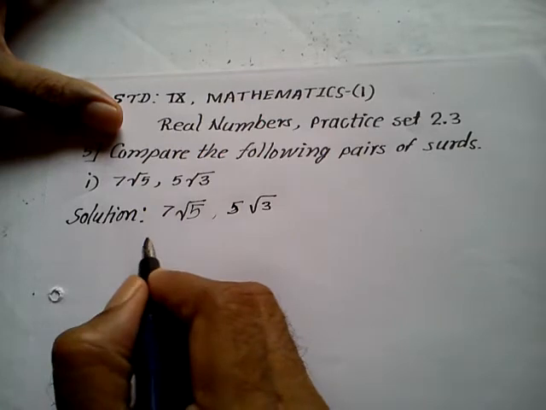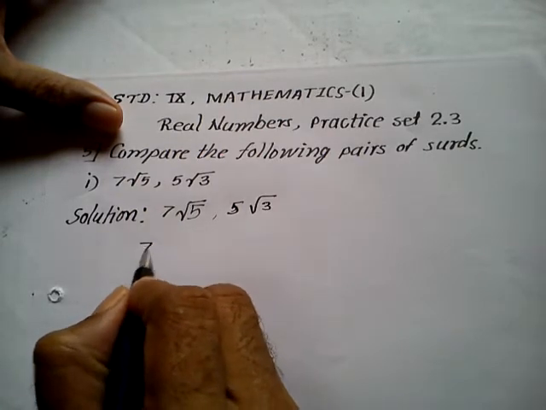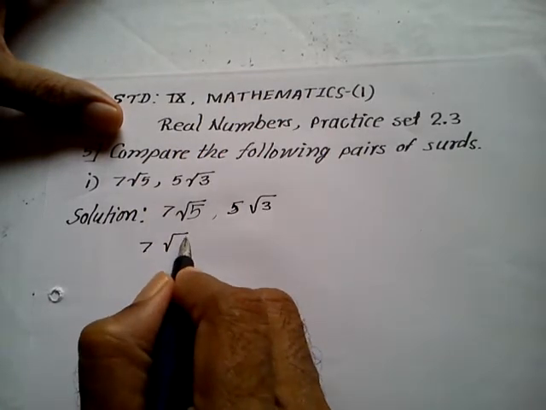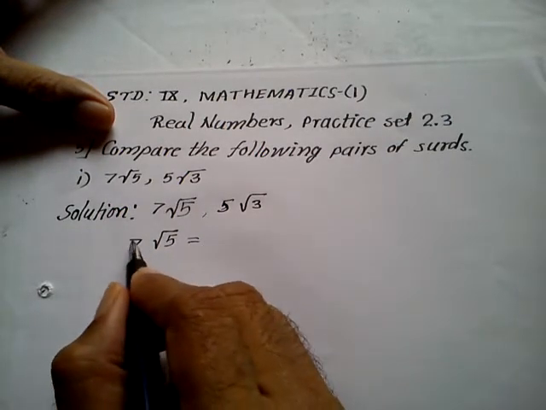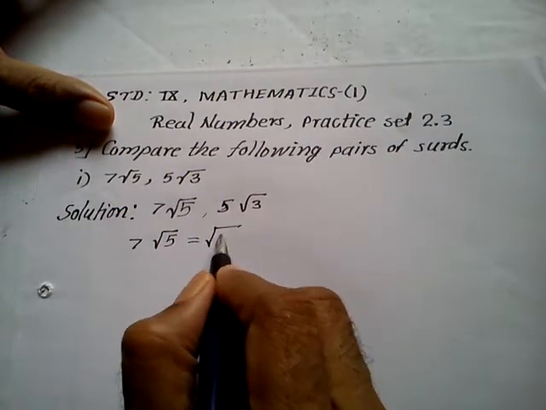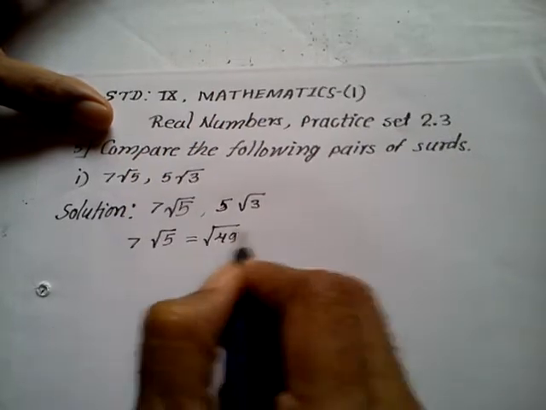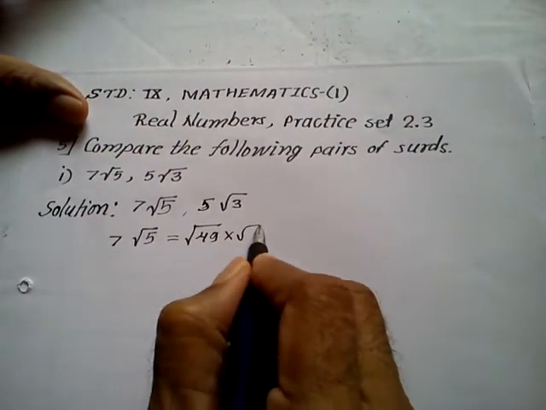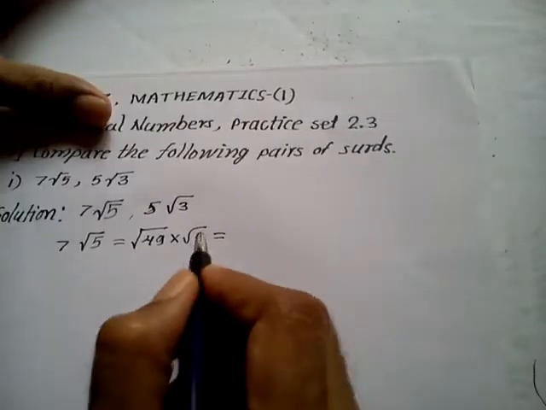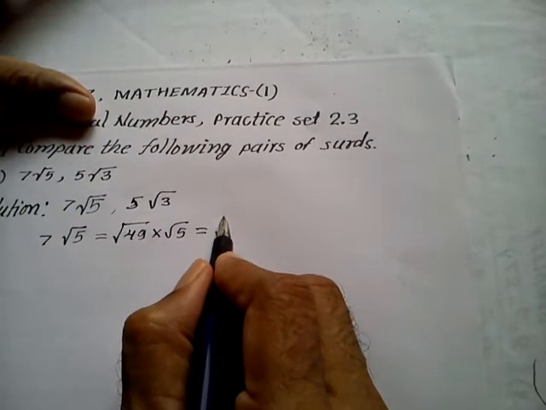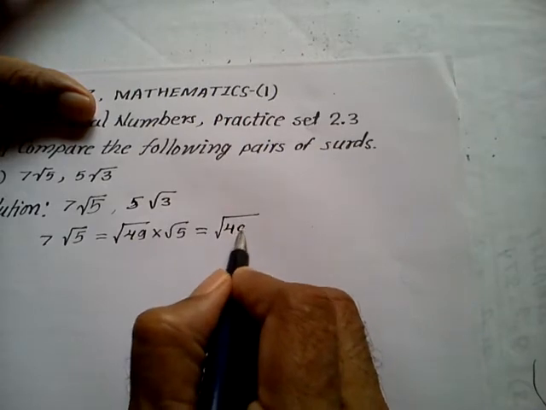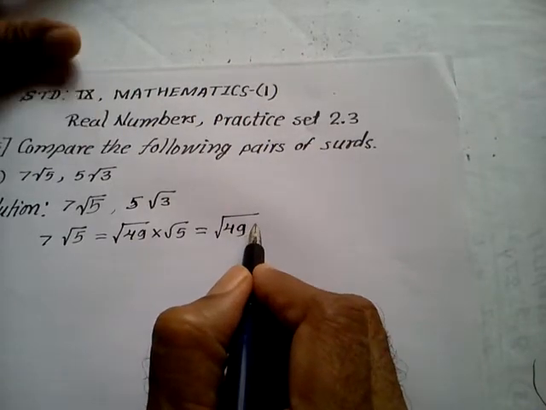So simplify this one. 7 root 5 is equal to square of 7, that is 49. It means 7 into root 5. We can, using the laws, 49 into how many?